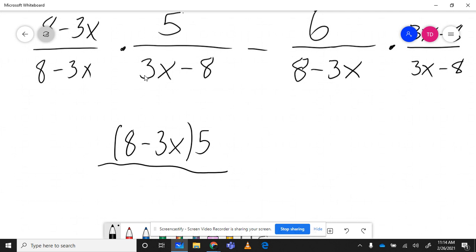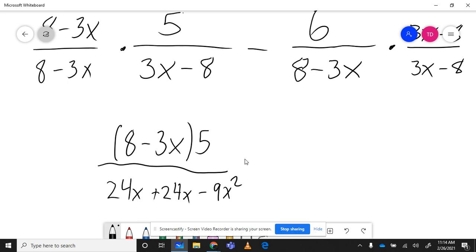So what would we get? We get 24x. We get another 24x. We would get negative 9x squared.